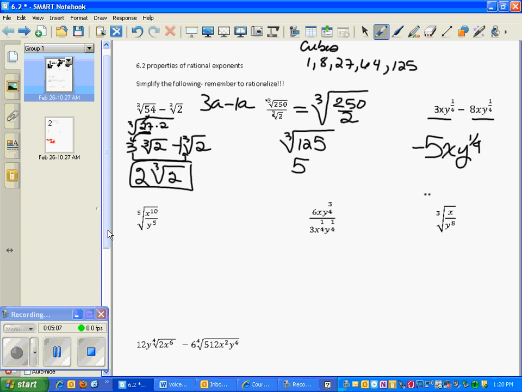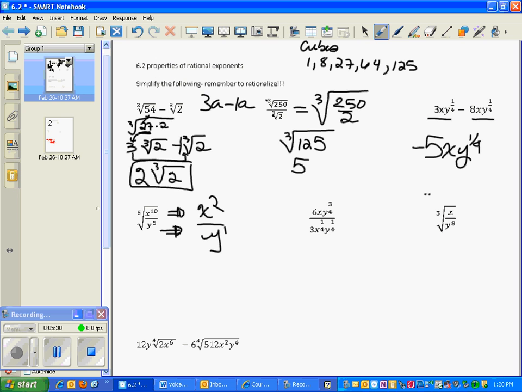Okay. These are all under the fifth root. Would you agree? So what is the fifth root of x to the 10th going to simplify down to? X to the second. And okay, hold on. And what is the fifth root of y to the fifth going to be? Y to the first.